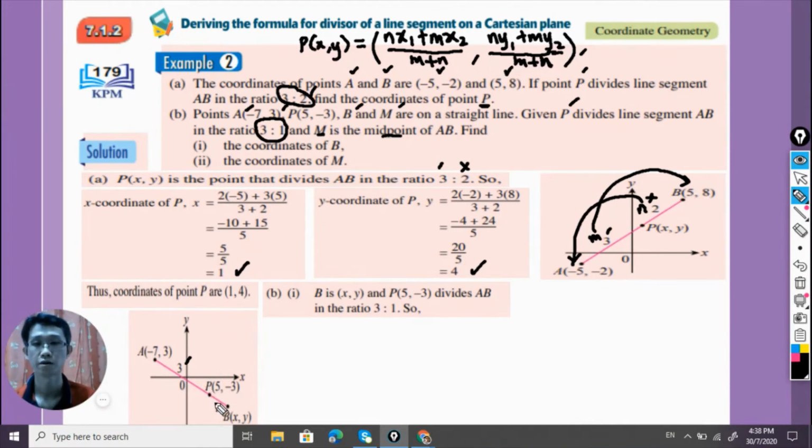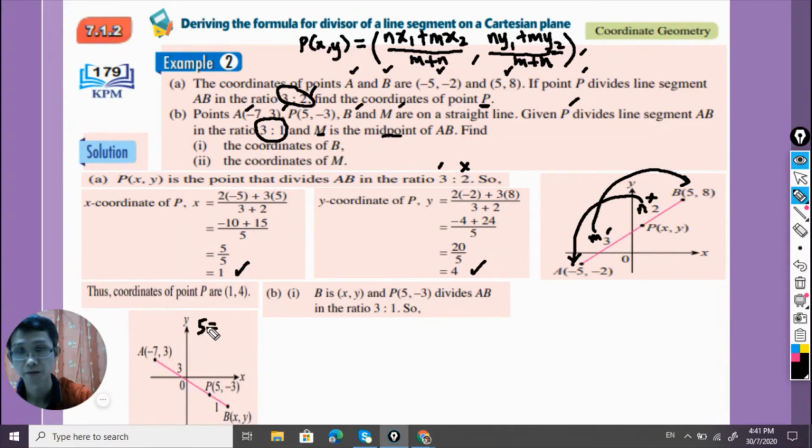So after you got all the positions correctly done on the Cartesian plane with the ratio, now you can link the point P with the two endpoints A and B in the section formula. So let us write out the section formula for this case. Let's start with the coordinate x of the point P. Coordinate x of point P is 5.